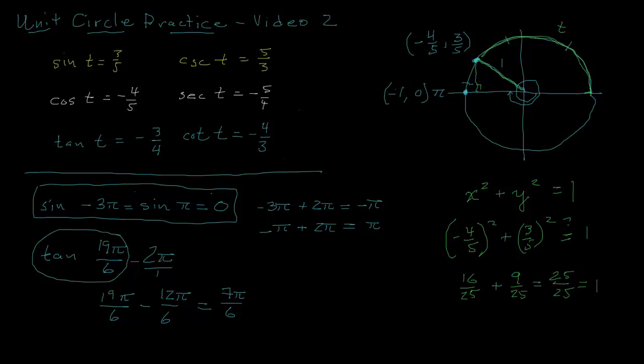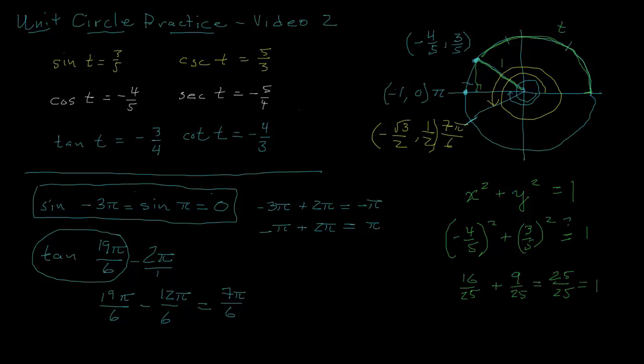7 pi over 6 is a point I know, it's right here. And really the angle 19 pi over 6 is coming around, it's going all the way around like this to there. This is 7 pi over 6. Our coordinates are negative root 3 over 2, negative 1/2.